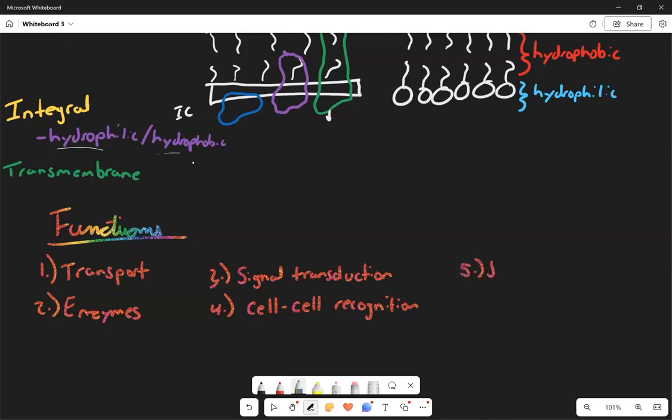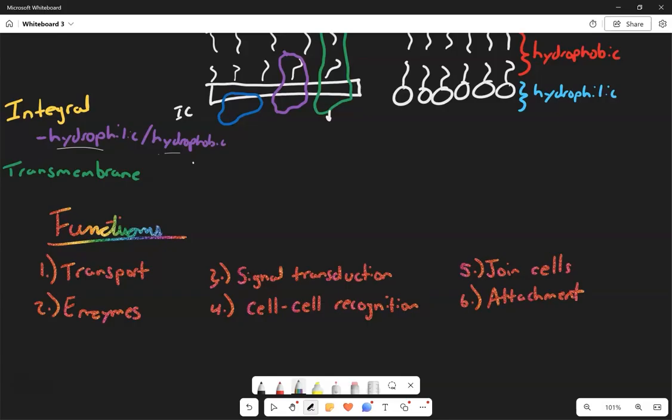They can join cells together. So think of your nexus junctions, the connexons. Those are membrane proteins. Right? Or they can be involved in attachment for things. So think about your desmosomes, your hemidesmosomes, right? The adherent, the cadherin proteins are membrane proteins.